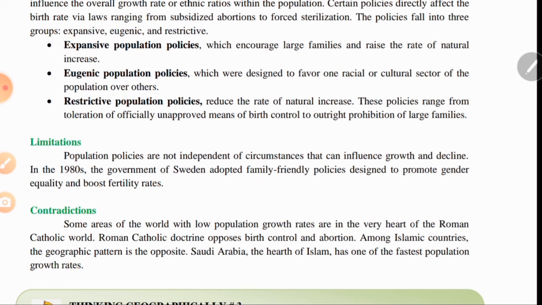And the contradictions. Some areas of the world with low population growth rates are in the very heart of the Roman Catholic world, because Roman Catholic doctrine opposes birth control and abortion. And adherence to this doctrine appears to be stronger in areas remote from the Vatican.